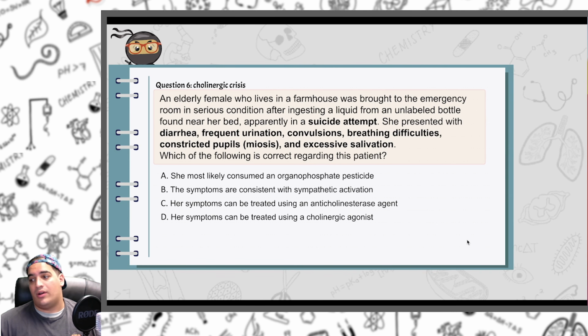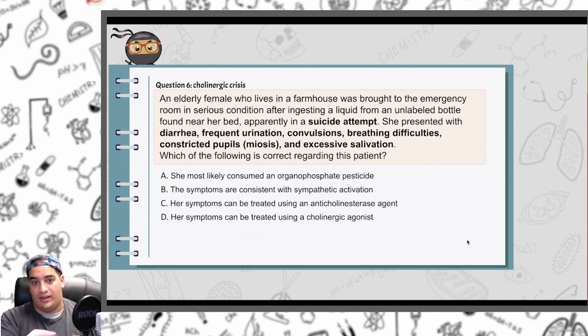They're going to have meiosis, so pupillary constriction. Then bronchospasm, so breathing difficulties. They'll have excessive excitation of their CNS and skeletal muscles, so convulsions and potential weakness. And then they'll have lacrimation and salivation.